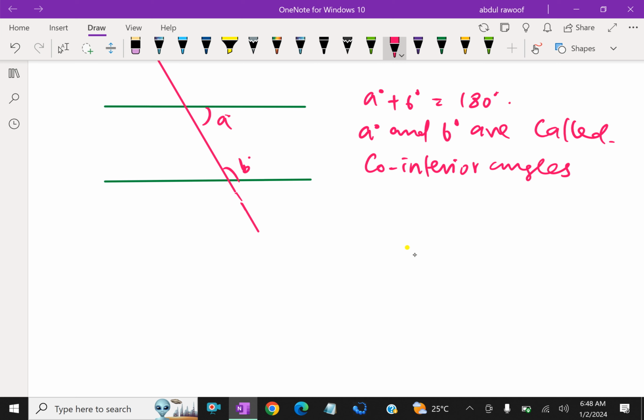Co-interior angles are supplementary angles.